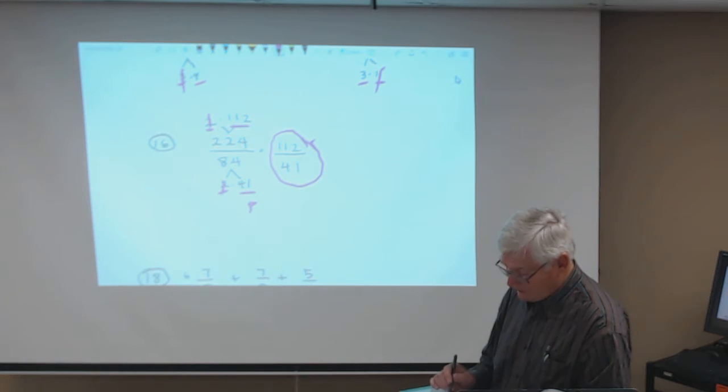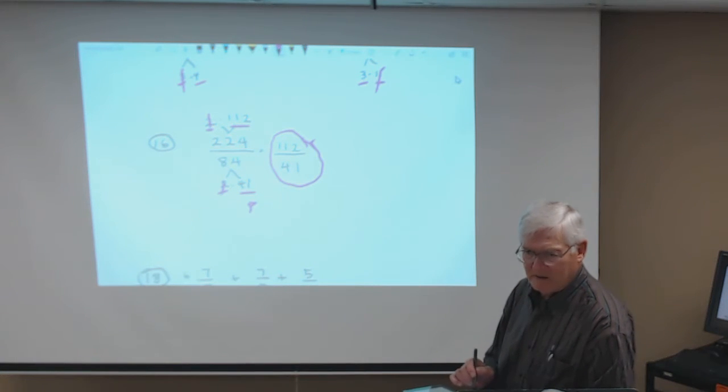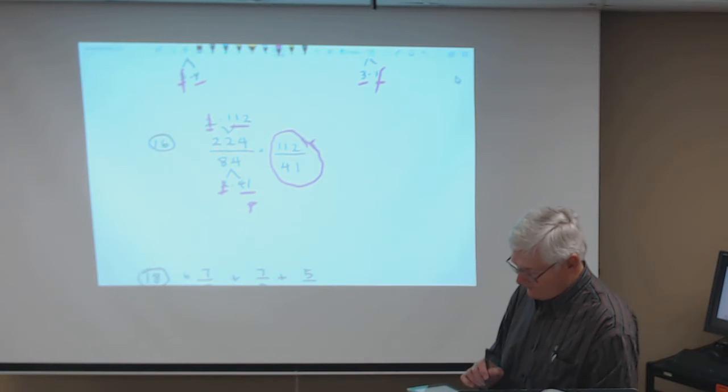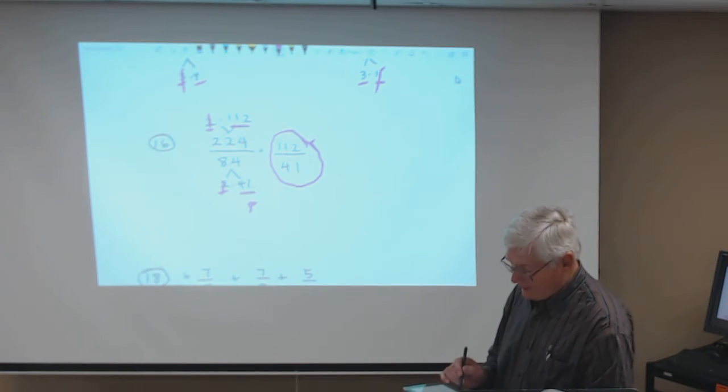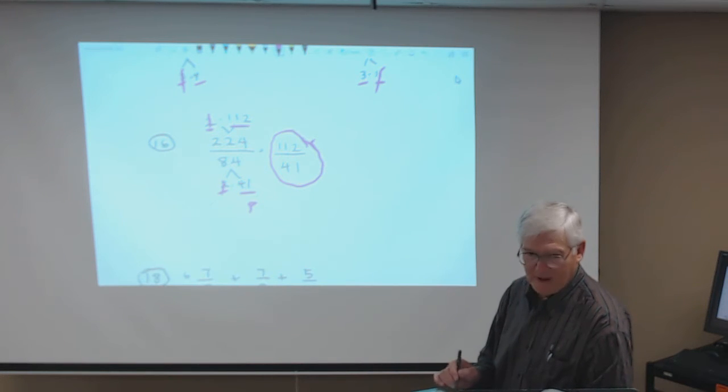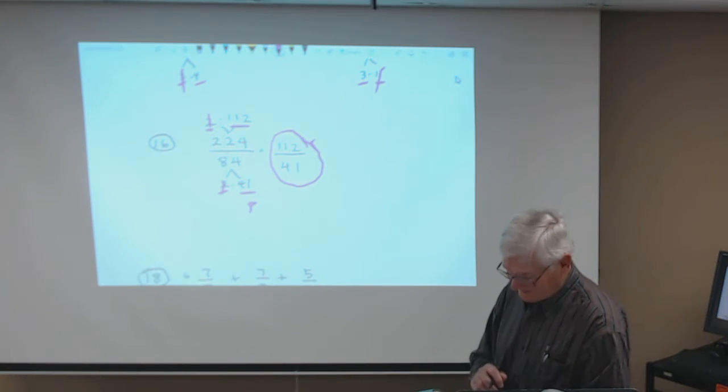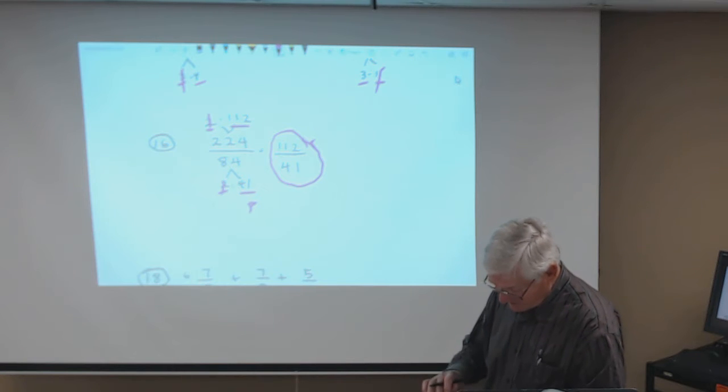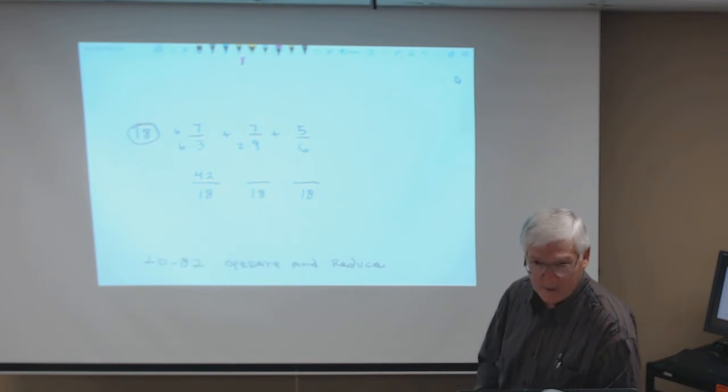Unless 41 goes into 112 evenly, does it? No. 2 times 41 is 82. 3 times 41 is 123. So it doesn't go into it evenly. All right. Number 18. Any questions?